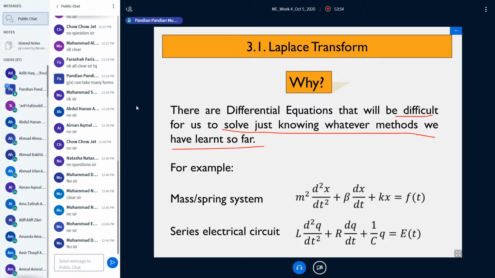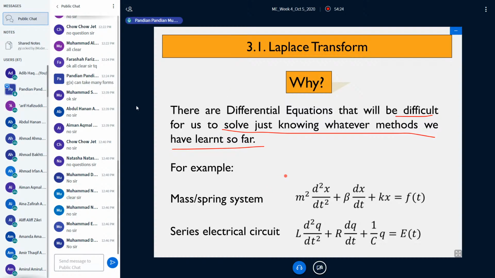The previous methods you studied may not be sufficient to solve these differential equations successfully, because some problems are very difficult to solve with them. So this is one of the best options you have to solve a differential equation.